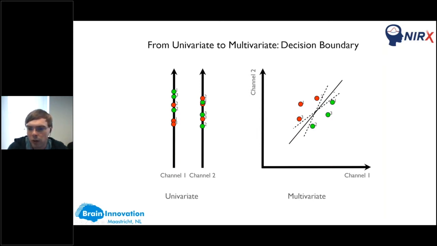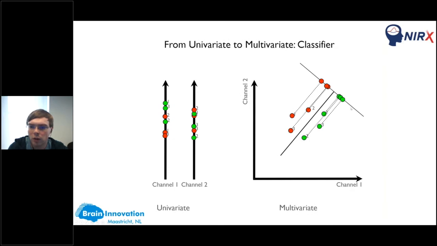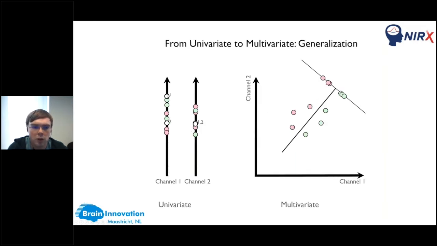Now, if you have this line and decided for this, you can basically plot the data onto an extra line over here. And this allows you to make a decision between the two classes. And I want to make an example to make this more clear. If you would add another set of points, which you can see here, which you wouldn't be able to distinguish easily, we can plot these points now into our multivariate chart.